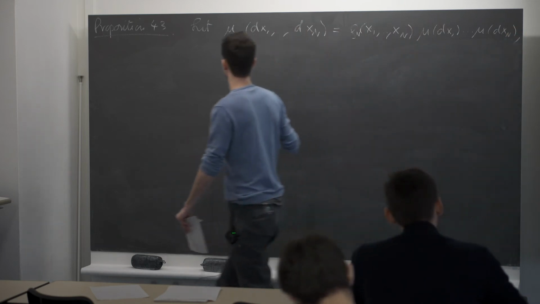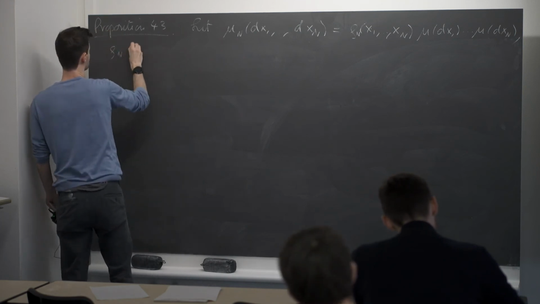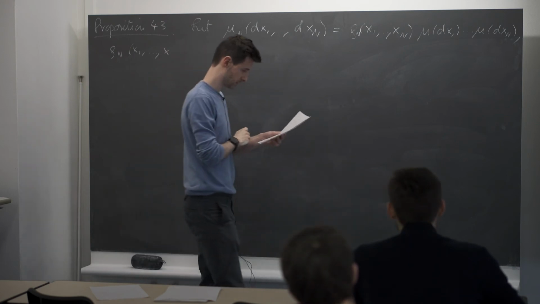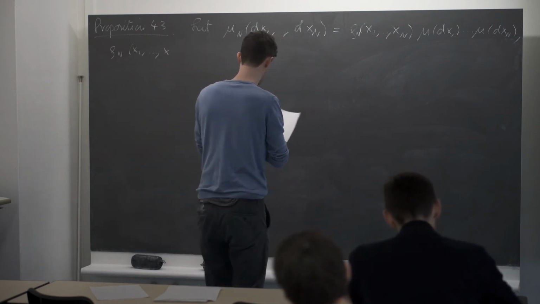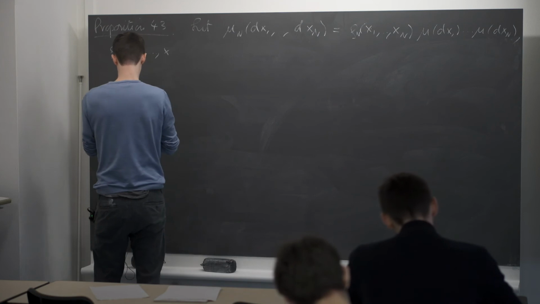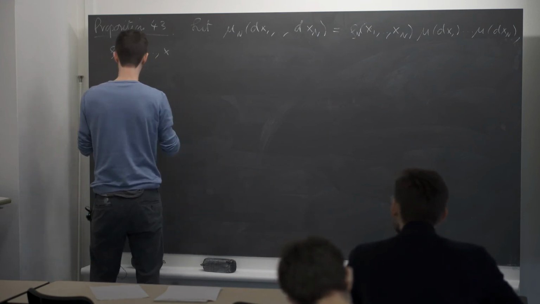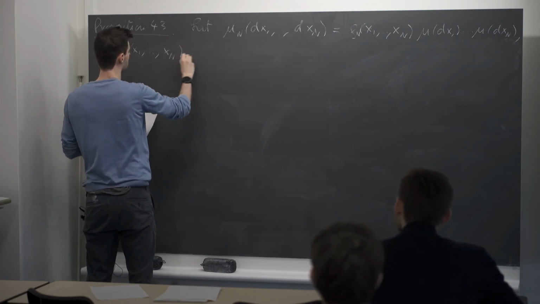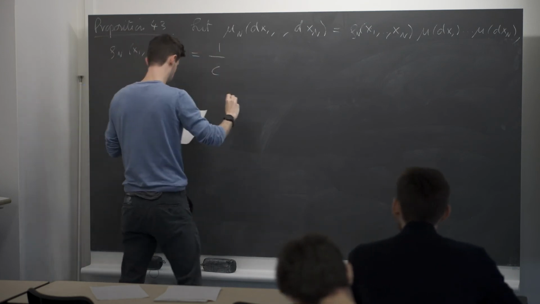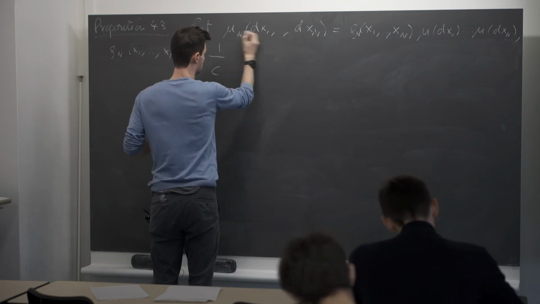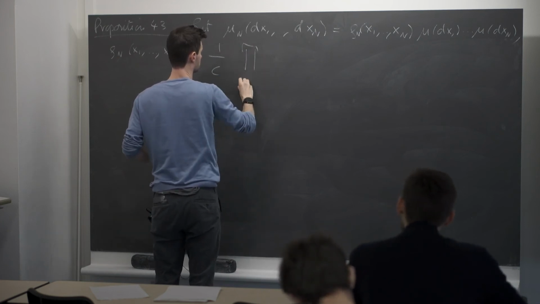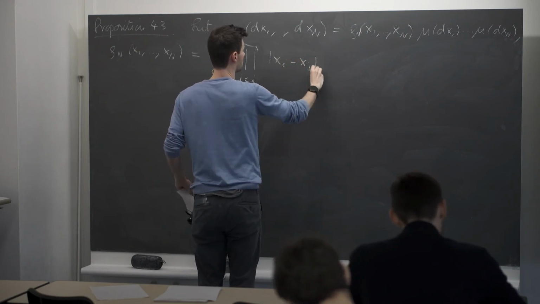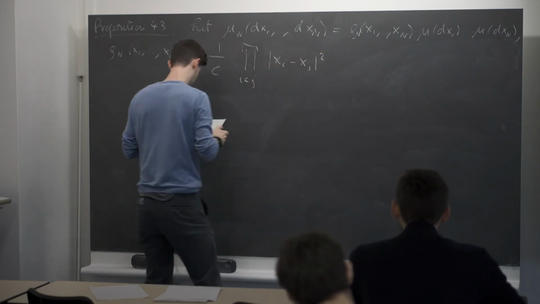And now I take my rho n, and I want a normalization factor. Rho n is some constant 1 over c, and then I have this Vandermonde determinant, squared in absolute value.